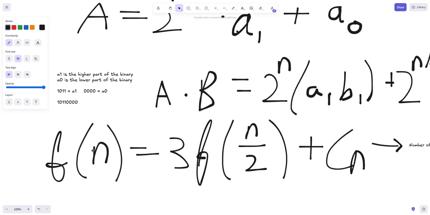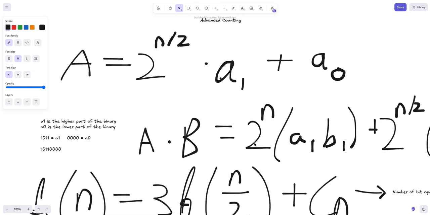The reason I was considering 2n earlier is that we could also multiply integers of length 2n. The only difference then would be that instead of n over 2, we'd be considering n only. But in this case, we're multiplying n bit integers twice, a and b.